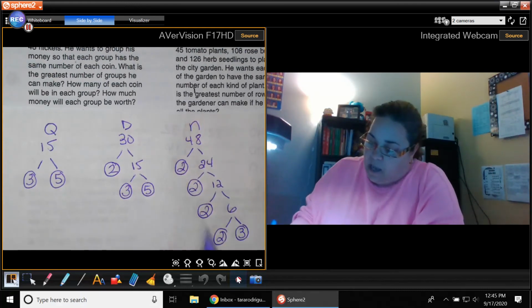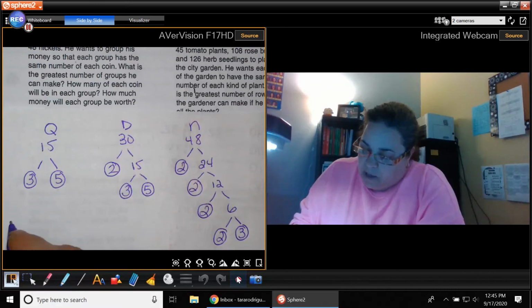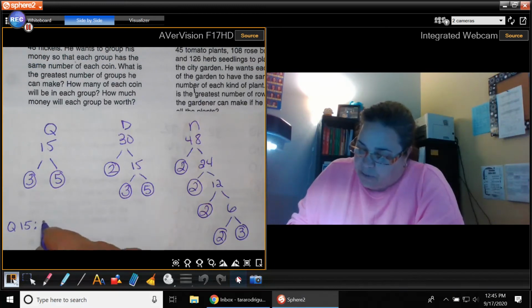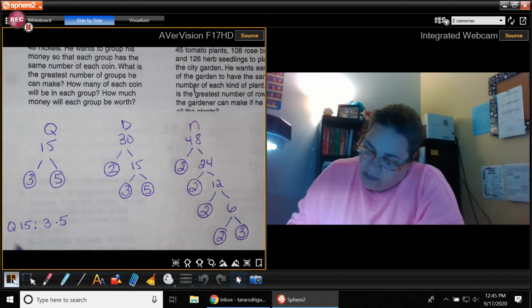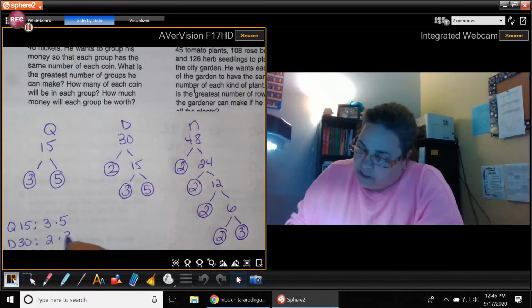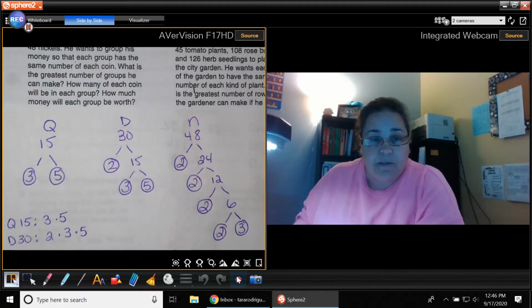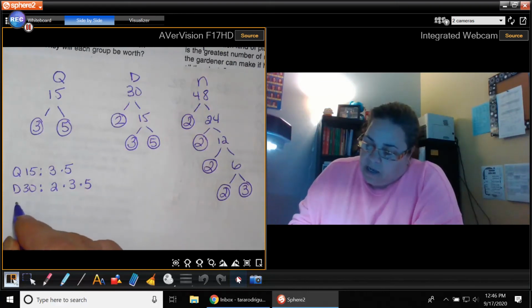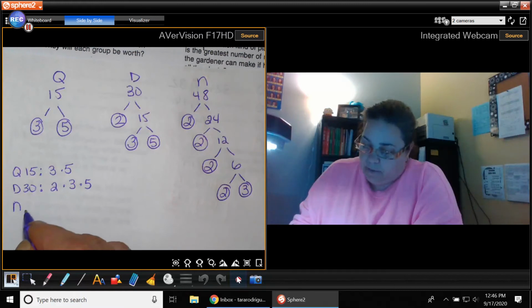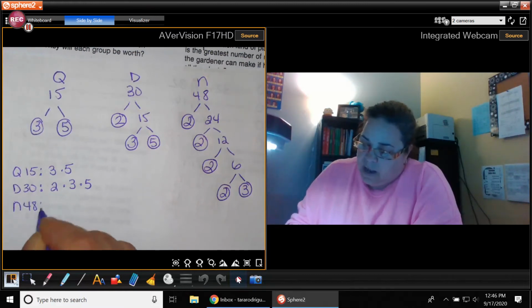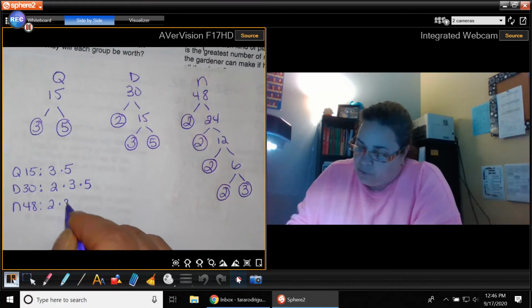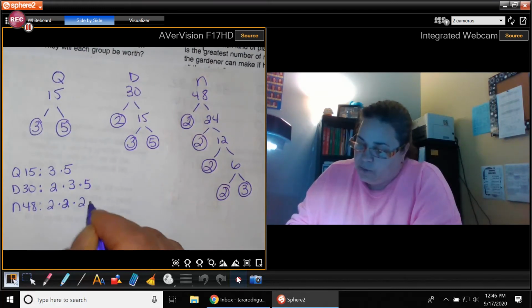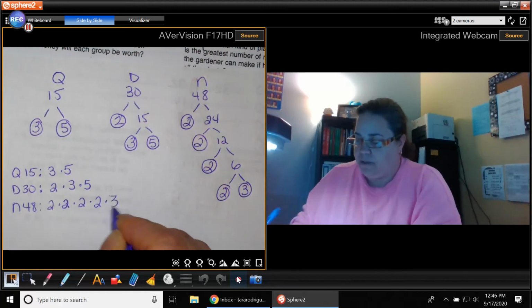Okay, now I'm going to set up my prime factorization. So I've got 3 times 5. And for dimes, which was 30, I have 2 times 3 times 5. And then for my nickel, which was 48, I have 2 times 2 times 2 times 2 times 3. Okay.